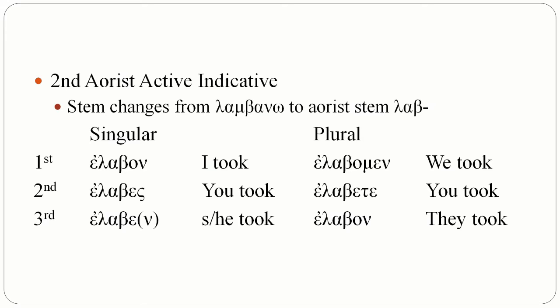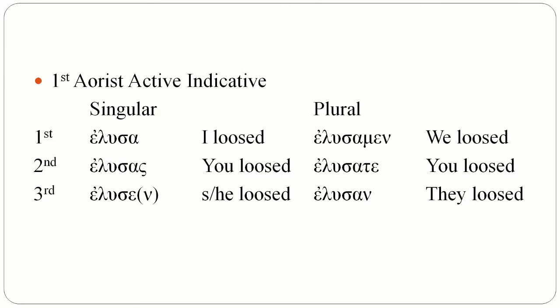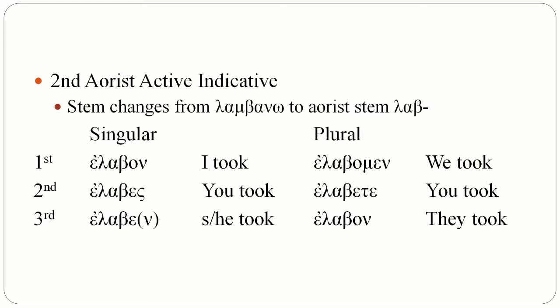Does this form mean I took, or does it mean they took? All right, so that's the second aorist. No sigma, and then instead of the alphas of the first aorist in the endings, this one has omicrons and epsilons in the endings.